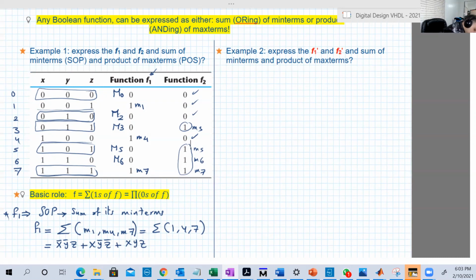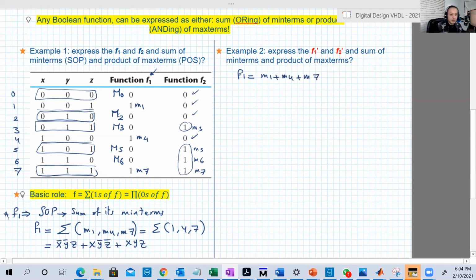Okay, so for f1, we find that f1 is the summation of m1 or m4 or m7, right? So f1 prime should be m1 plus m4 plus m7, prime or bar.